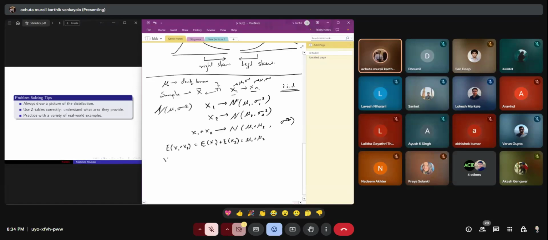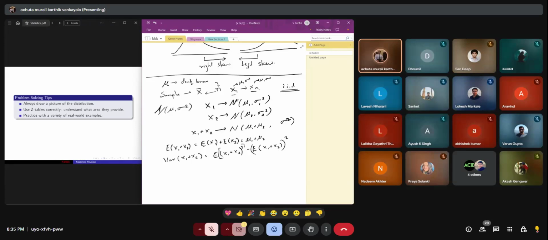Okay. So to calculate variance, variance is calculated as the expected value of x1 plus x2 whole square, minus the expected value of x1 plus x2 whole square.